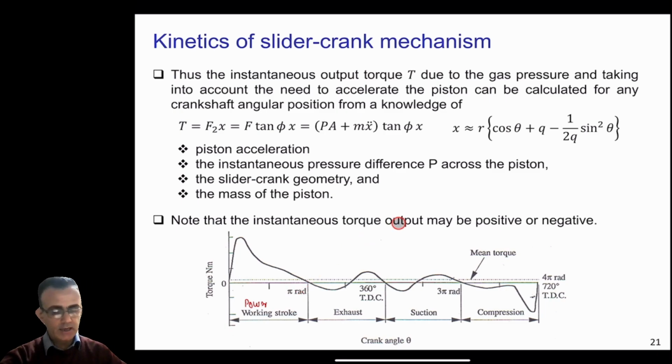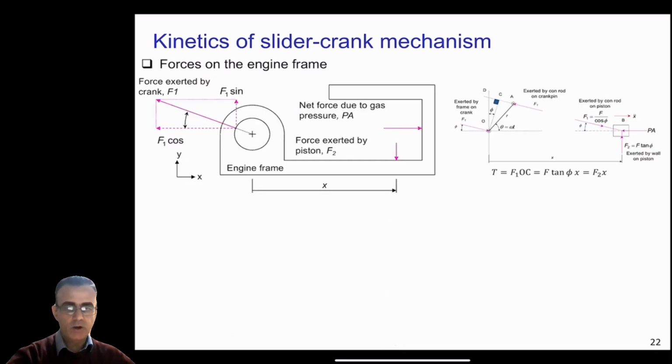Now the final topic that we want to discuss is, in the previous case we calculated the forces on the piston and on the connecting rod, and we also calculated the output torque from this equation here. But now we are interested in calculating the forces on the engine frame here. So this is the engine frame.